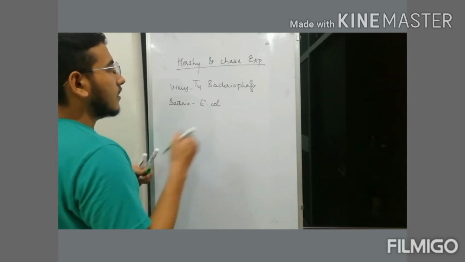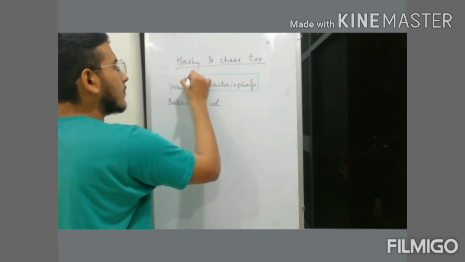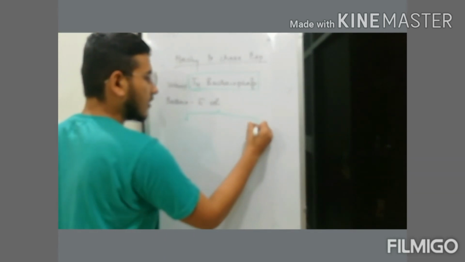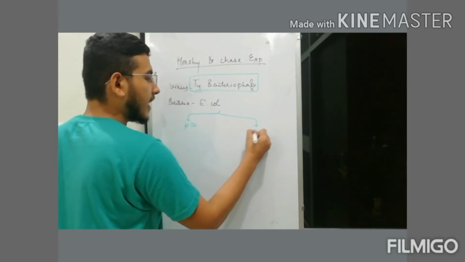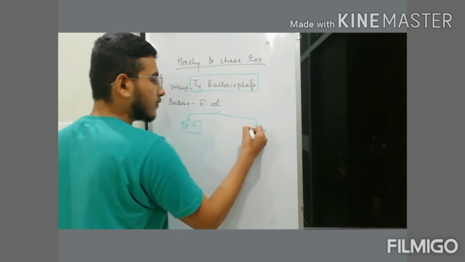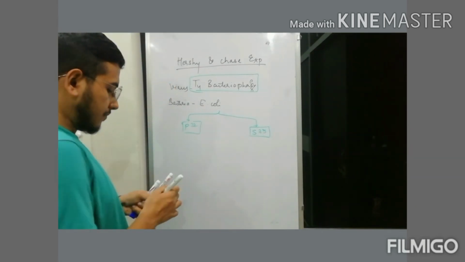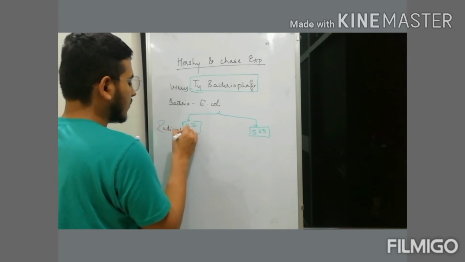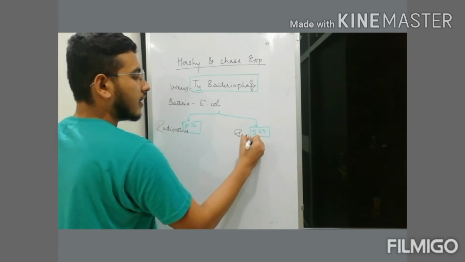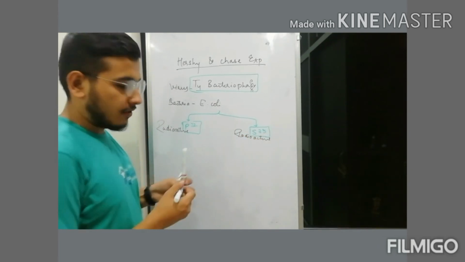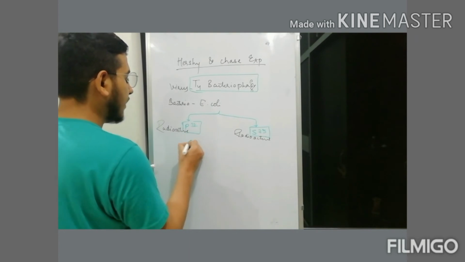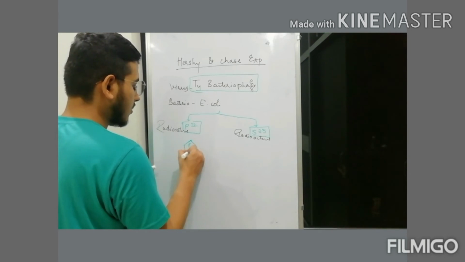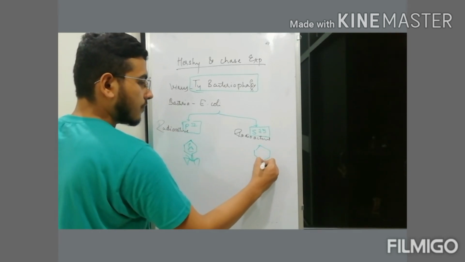In that, this T4 bacteriophage was cultured in two mediums, P32 and S35, radioactive phosphorus and radioactive sulfur. So the bacteriophages were cultured.